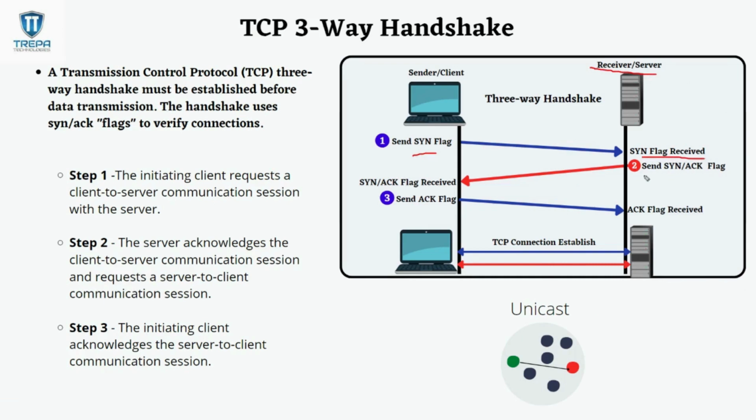The flag's going to be received, then that receiver sends back a SYN ACK flag. And then the client or sender is going to send back one final acknowledgement flag. And if these flags have been sent with no packet loss, we establish what we call that TCP data channel. And now we can start sending packets.